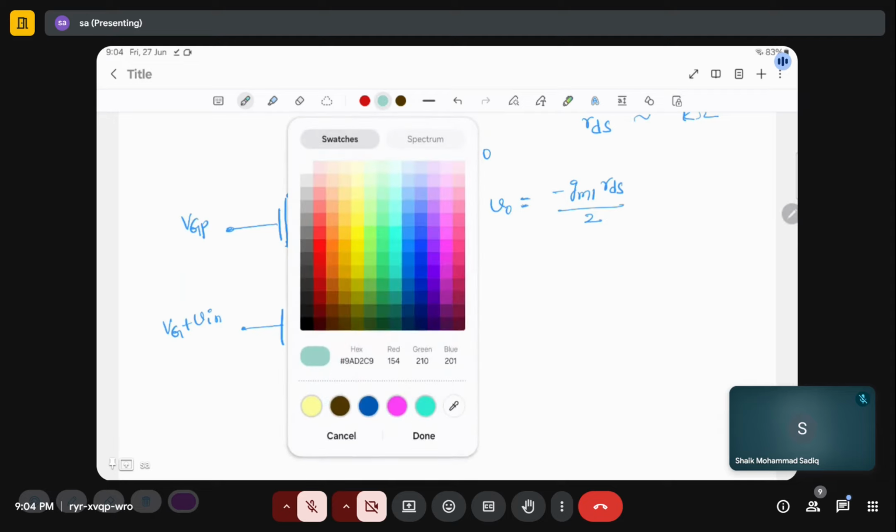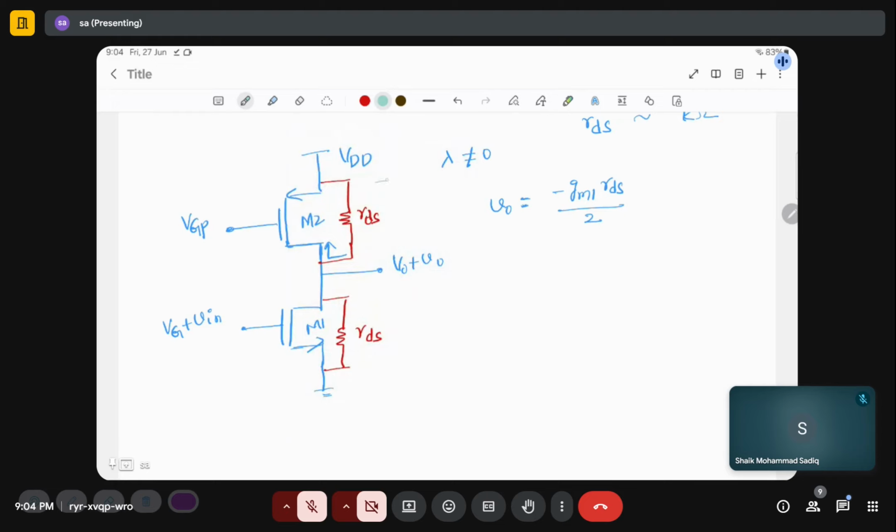What is the minimum DC required from this point to this point? Zero? See, I will tell you. At the edge of saturation, what is VDS? VDS is equal to VGS minus VT.